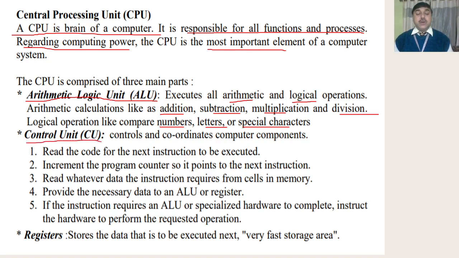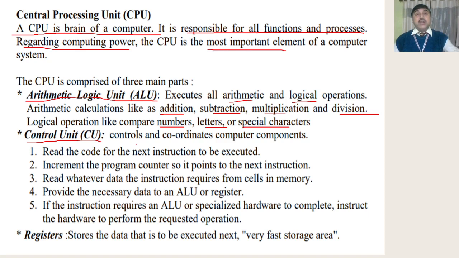The control unit. Everywhere we find there is a control. If you are riding a bike, the bike has some control. It has some coordination with each and every part: you are pressing the clutch, you are pressing the different gears, and they are making some impact on the wheels in the different parts.